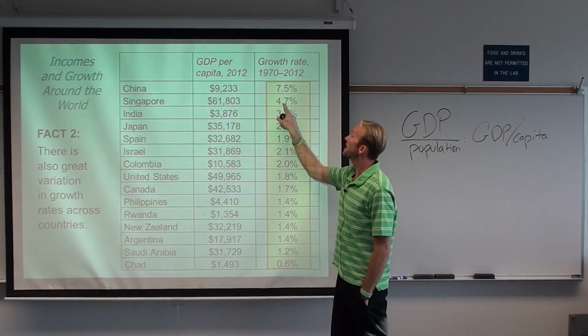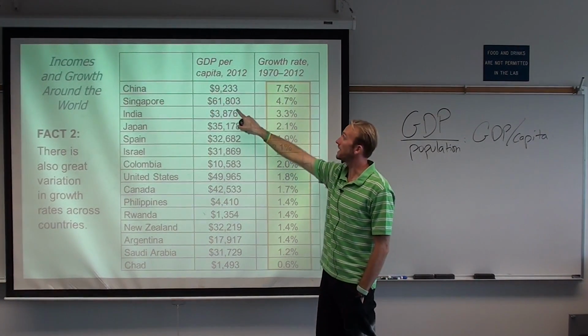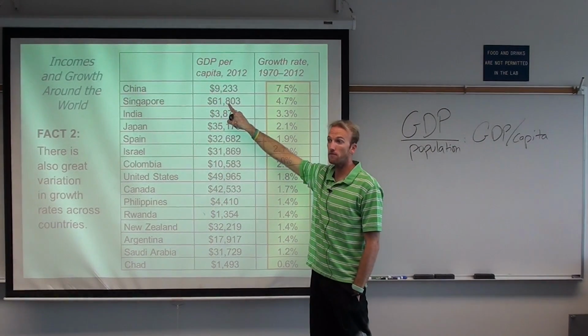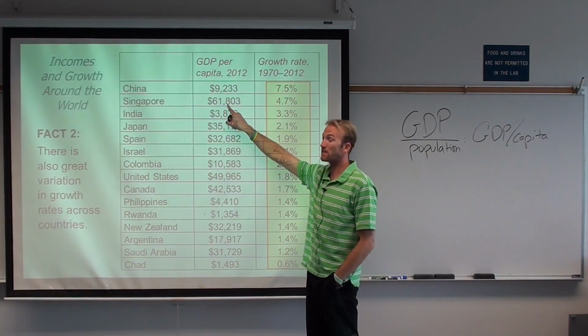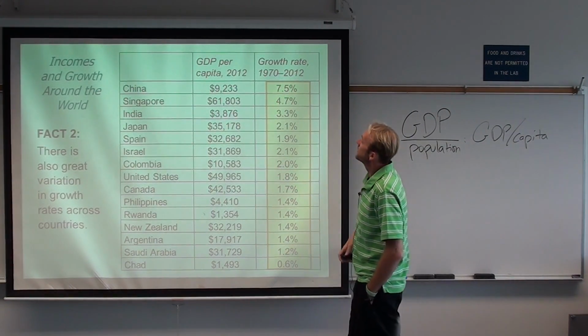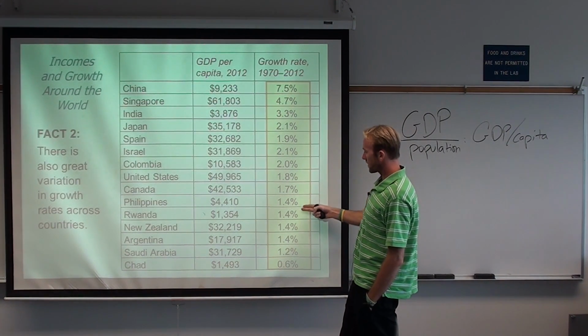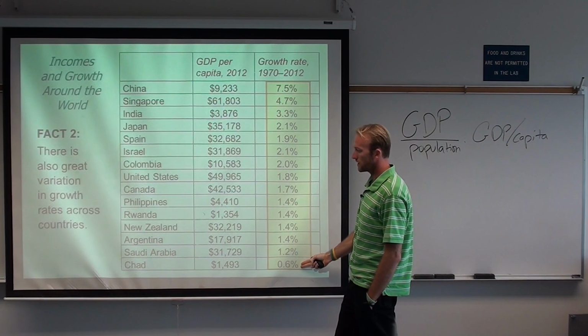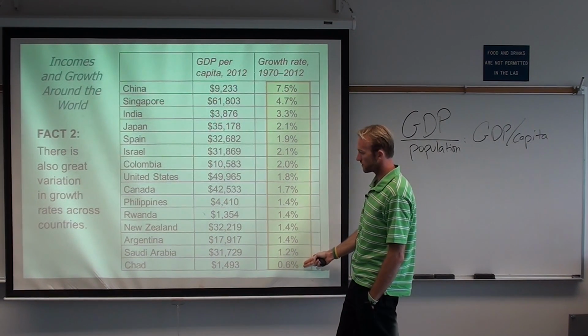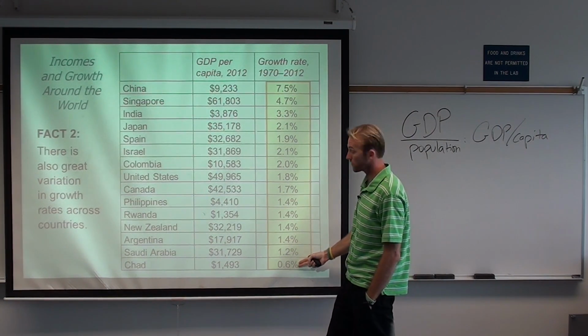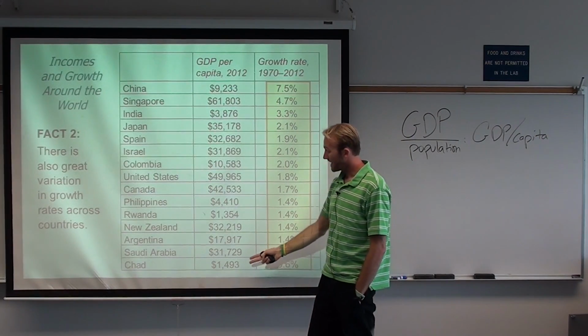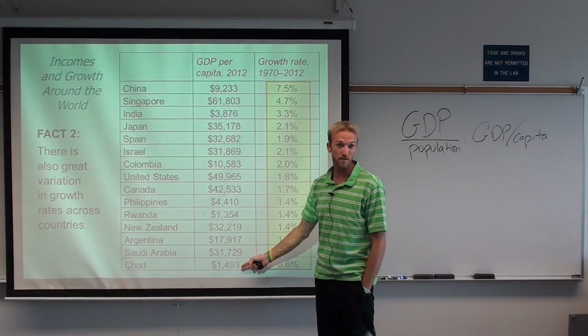And Singapore is actually quite high too, right? That's why this number got so big. It didn't ever used to be this big, right? This is all in the last 50 years that we've been seeing this kind of growth rate. And you see all the way down here, unfortunately, countries in sub-Saharan Africa have very slow growth rates, and they're also starting from small numbers to begin with.